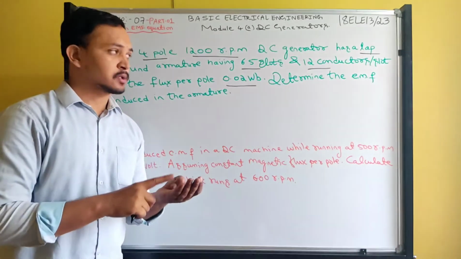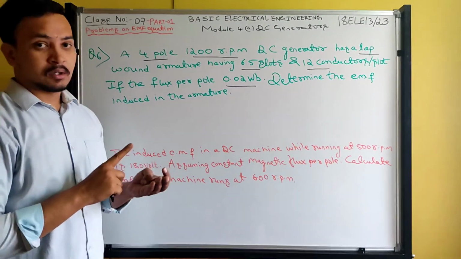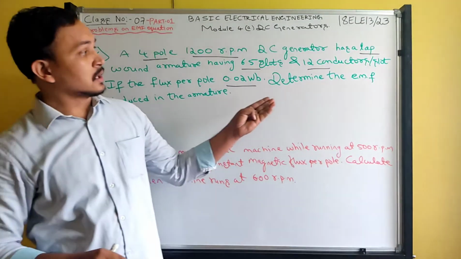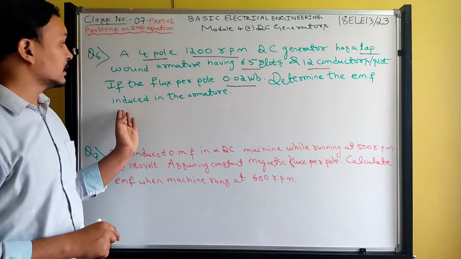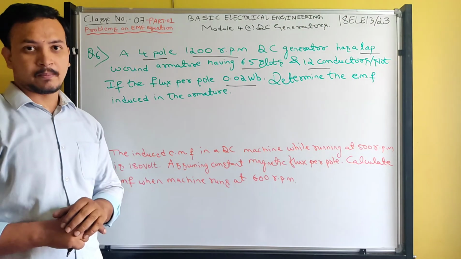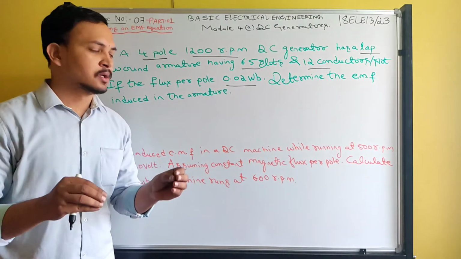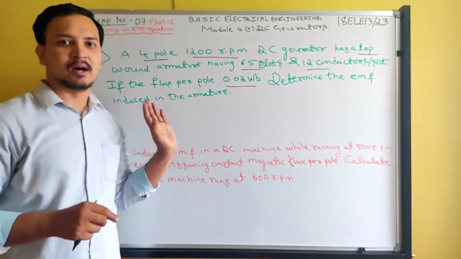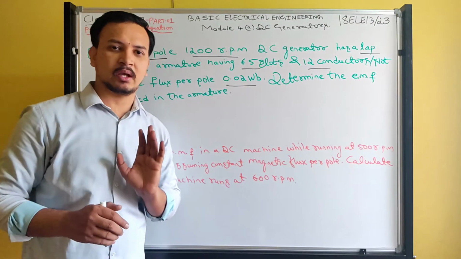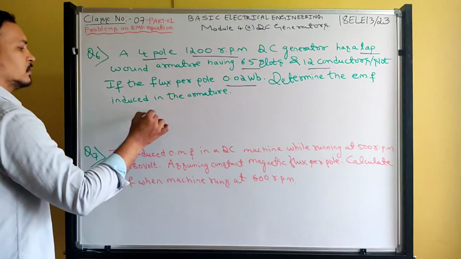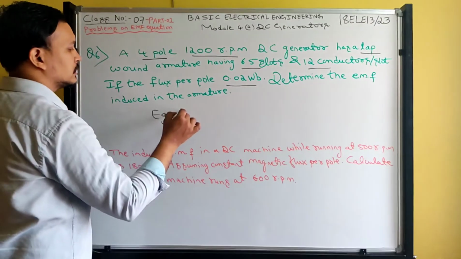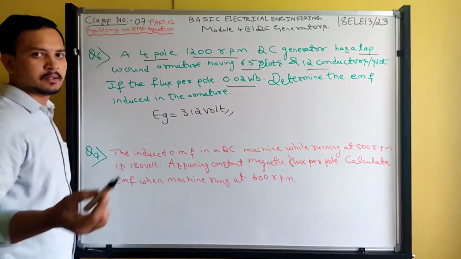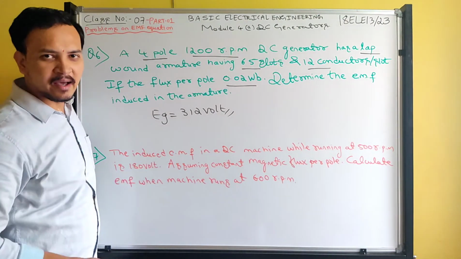Poles, flux, speed and total number of conductors are given, and they are asking what is the EMF generated in the armature. Simply write the EMF generated formula, substitute all the data, and you will get the answer. If you got the generated voltage as 312 volts, then what you did is correct.